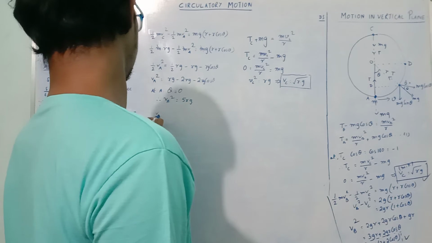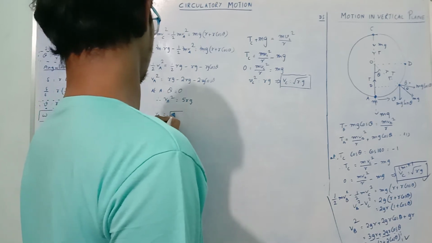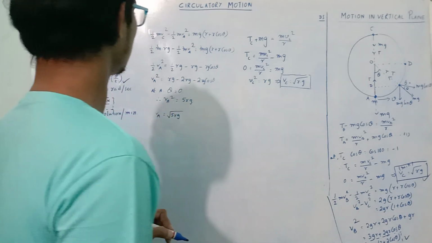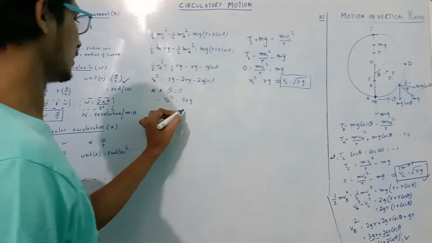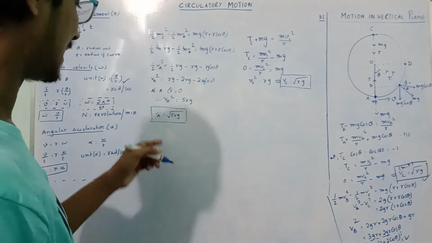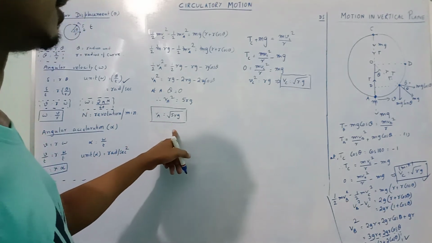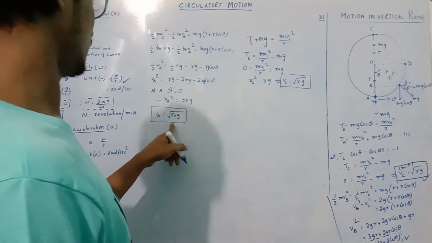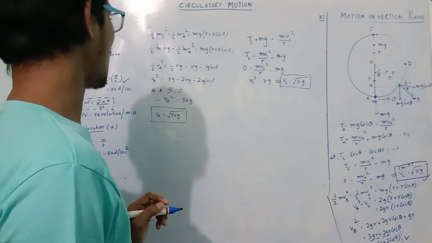So va becomes root over 5 rg. So at point A, the speed of the object will be root over 5 rg.